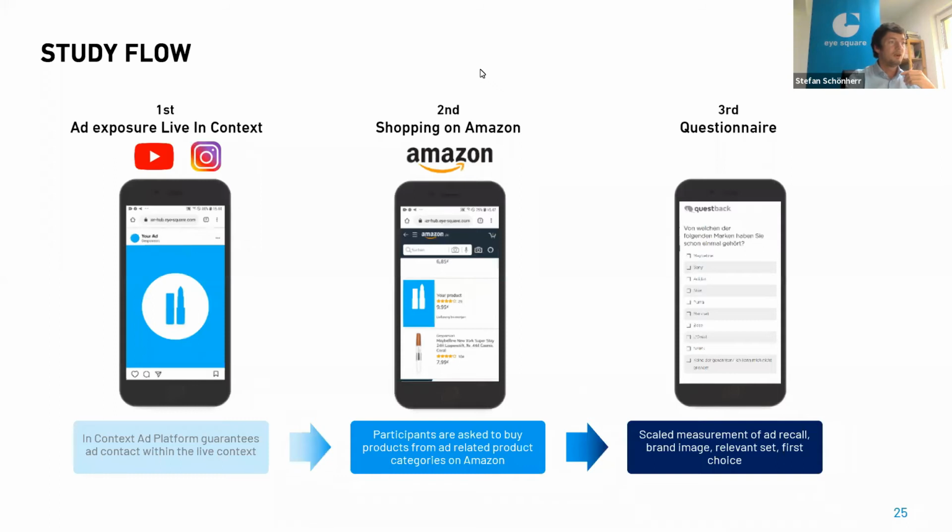Of course, after doing this, we still gave the questionnaire to the respondents, so they had to answer some questions. We're just curious to see what kind of patterns we see there and how our behavioral shopping metrics can explain these results, or maybe even sharpen them. That was the question here.